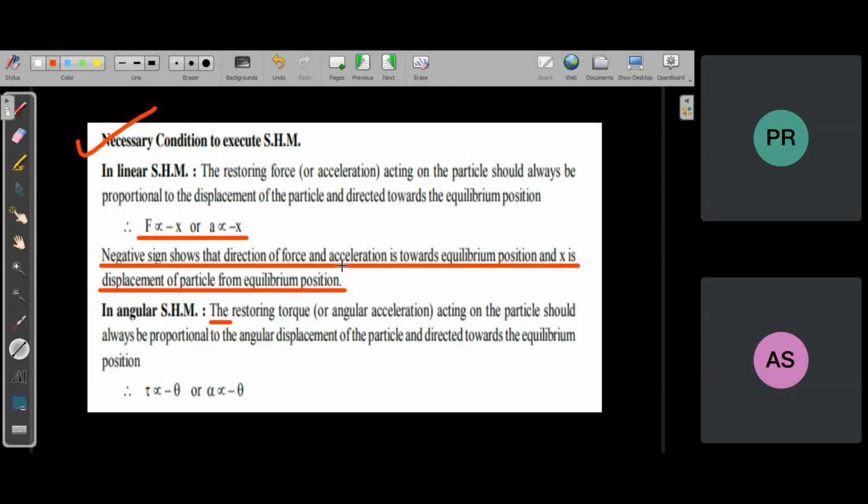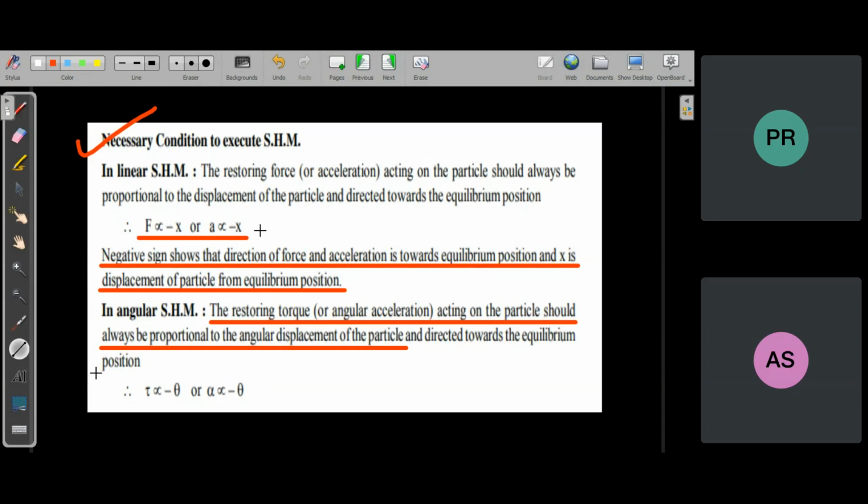So in angular SHM, the necessary condition is that the torque acting on the particle about the axis should always be proportional to the angular displacement of the particle about that axis.